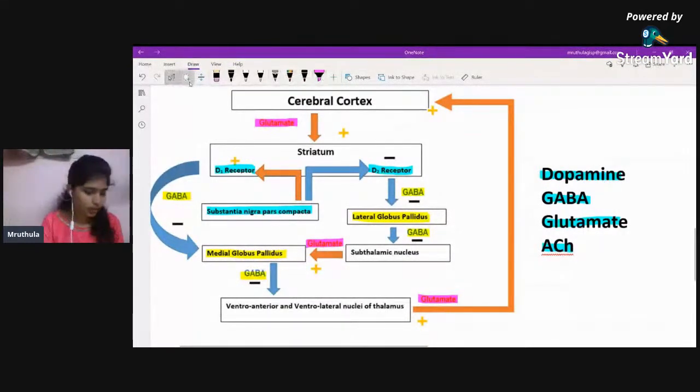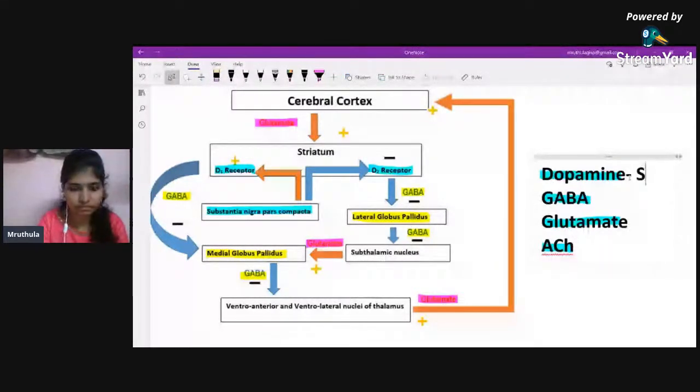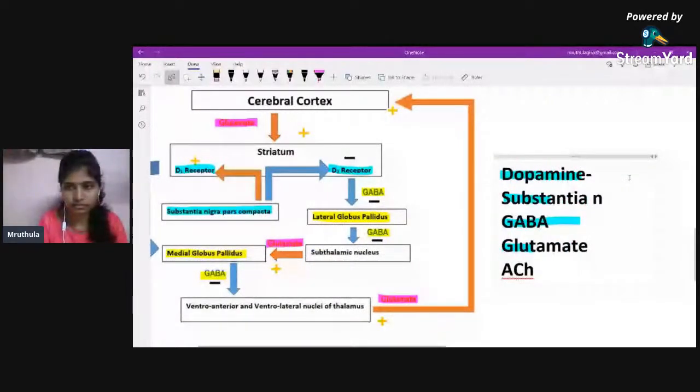Quick, answer it yourself. Yes, as Shiva was telling, it's the subthalamic nucleus.